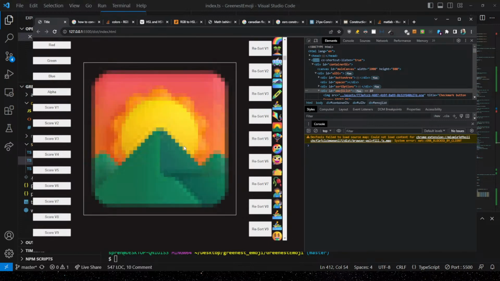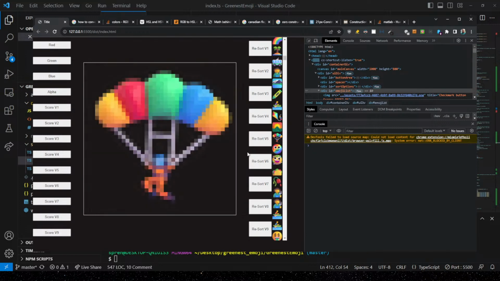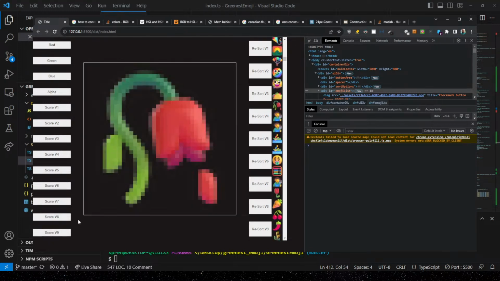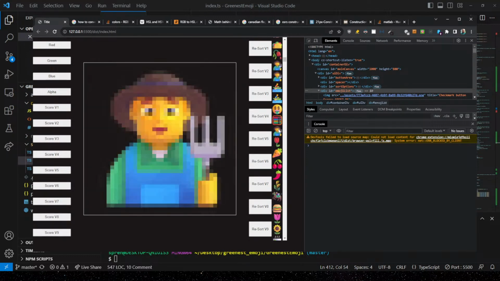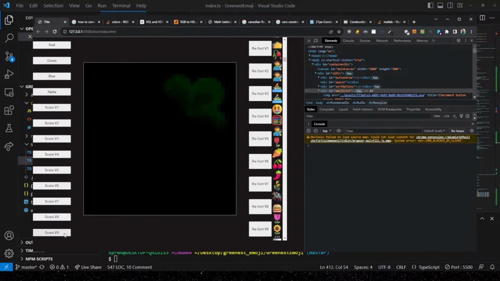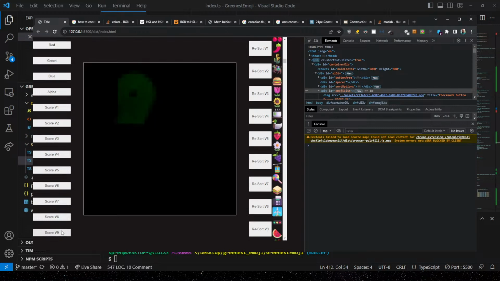Ooh, okay, look at this. Maybe this should be considered greener, right? I mean, it is a pretty dark green. So I can understand it. Awesome, awesome, awesome. Very cool.